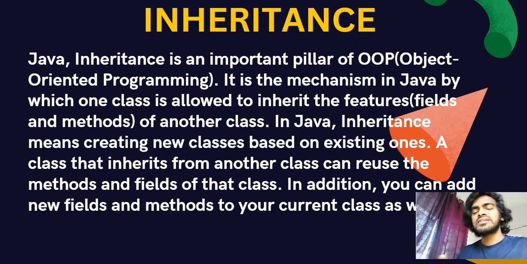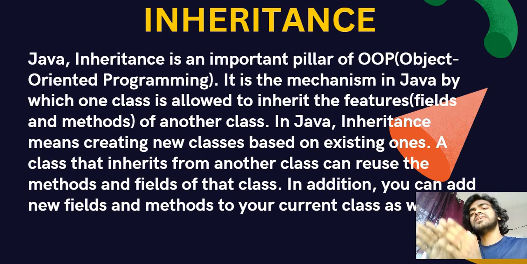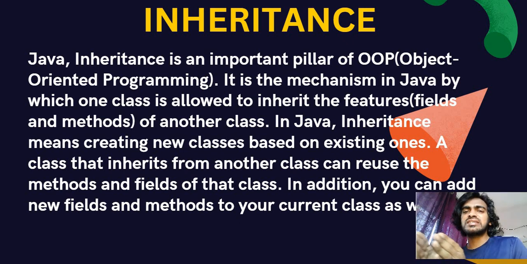Okay, let me give you a real life example. You have the property of your mother, father. Maybe you have the property of your grandfather, like your character is matching with them. So inheritance is basically transferring the property from parents to child class.